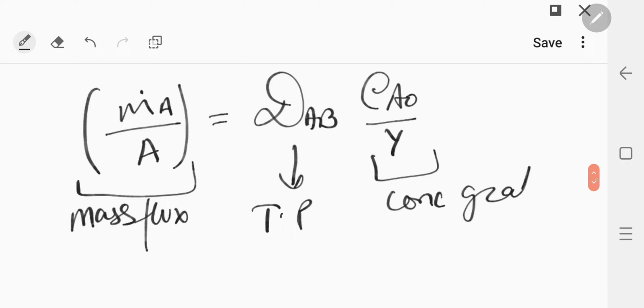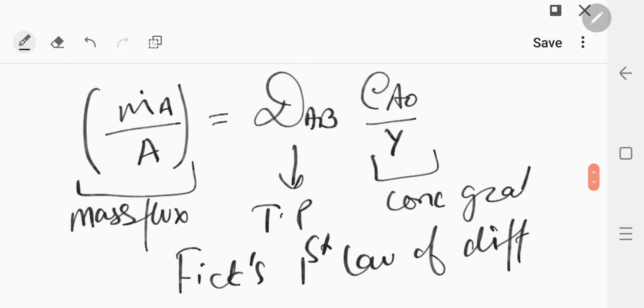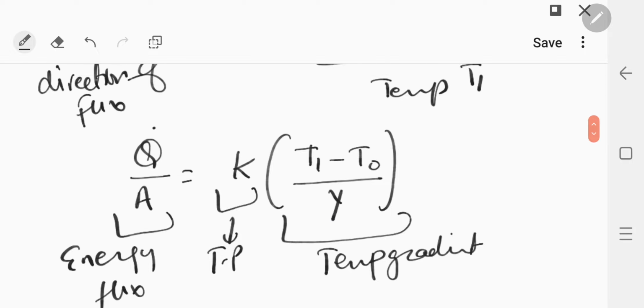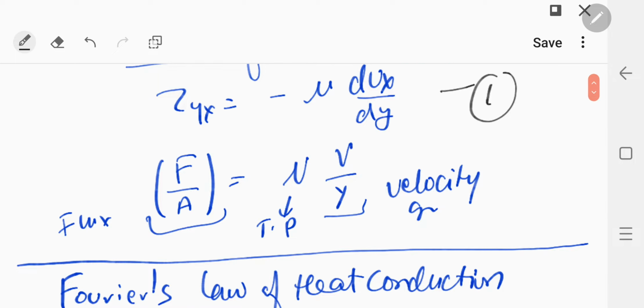Now this is your Fick's first law of diffusion.